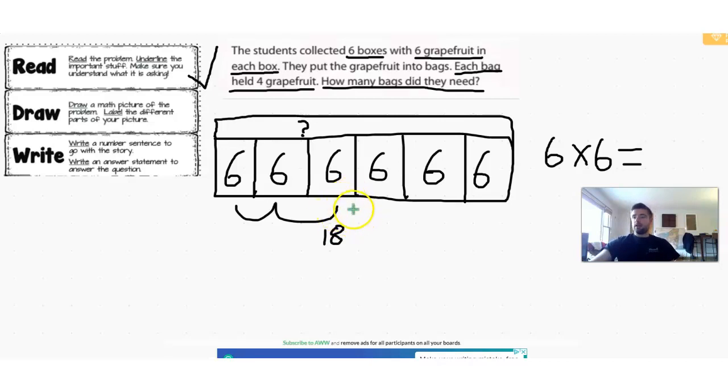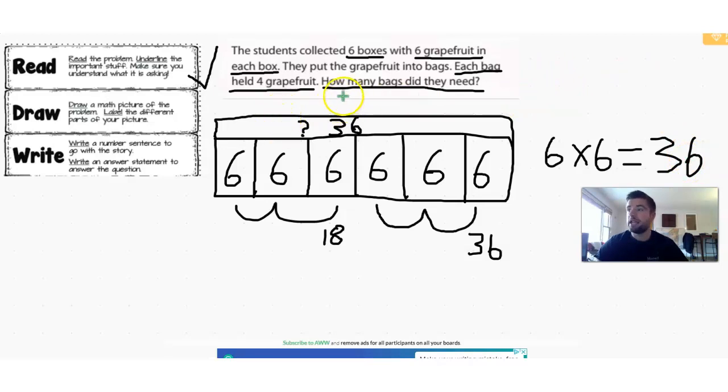Then 18 plus another 6 is 24, plus another 6, 24 plus 6 is 30, plus a final 6 is 36. So the total amount of grapefruit we start with our students is 36. 6 times 6 equals 36. And that's a really nice one to memorize if you're working on memorizing your multiplication tables, because that one comes up a lot. So we start off with 36 grapefruit.